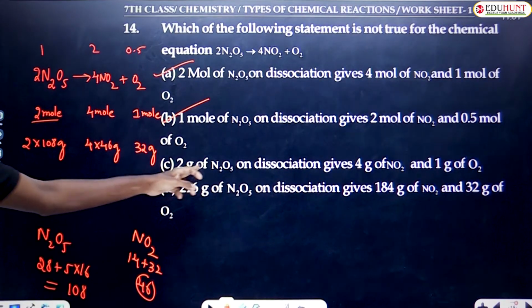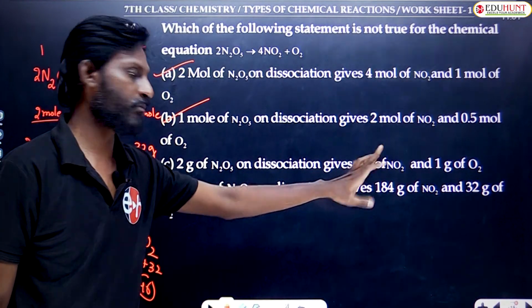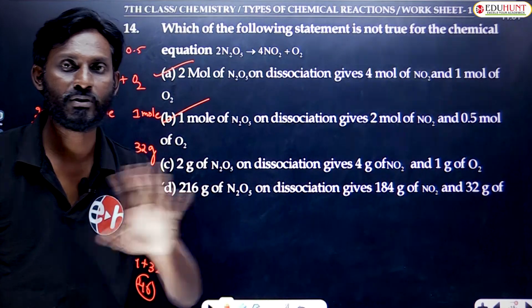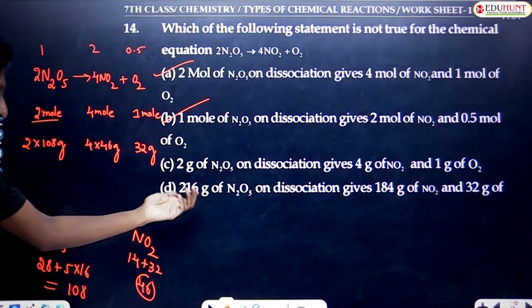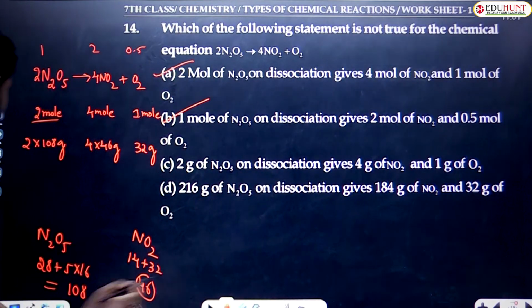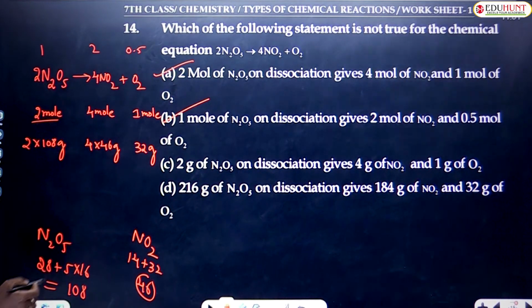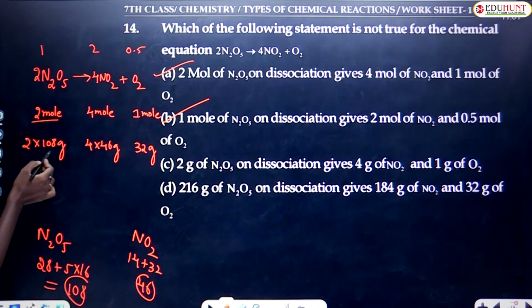Now, 2 gram of N2O5 on dissociation gives 4 gram. No. The mole and mass ratio is not going to be the same. Okay? Yes. But this is correct. See, I think this is correct. 216 grams of N2O5. I said the molar mass of N2O5 is 108.